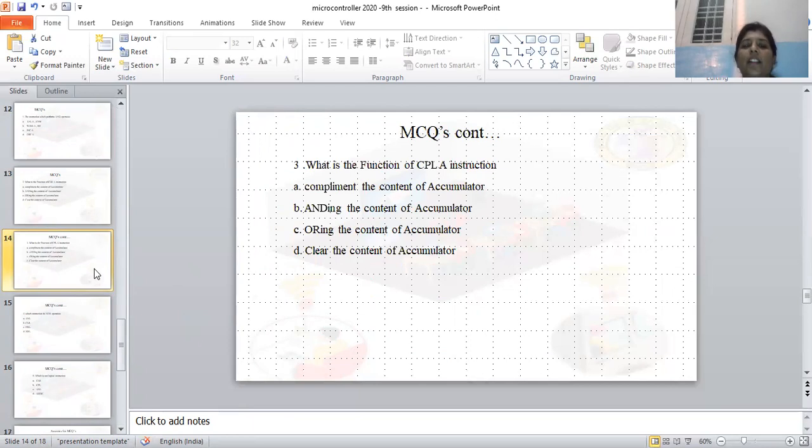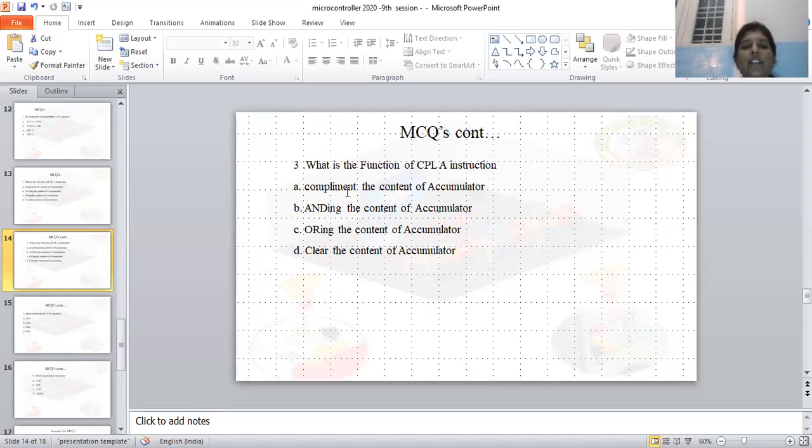Third one: what is the function of the CPL instruction? First, complement the content of accumulator. Second, ANDing the content of the accumulator. Third, ORing the content of accumulator. Fourth, clear the content of accumulator.